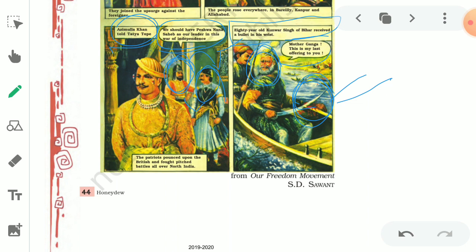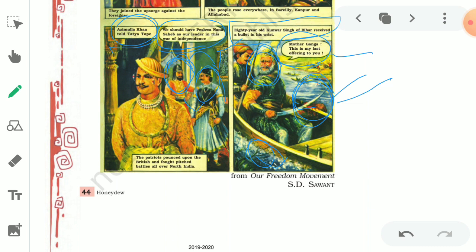Mother Ganga, this is my last offering to you. In this way, when he received the bullet, he addressed the river Ganga as his life was going to wind up. In this way, this lesson is completed.